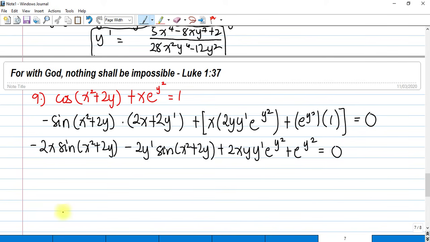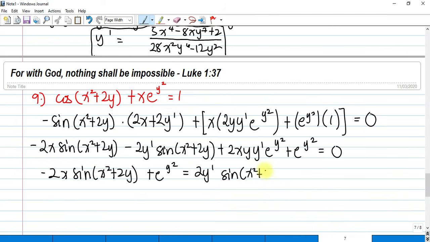So I can transpose all of the y prime terms to the right side, this one and this one. So we have negative 2x sine of x squared plus 2y, and then plus e raised to y squared is equal to 2y prime sine of x squared plus 2y minus 2xy y prime e raised to y squared.